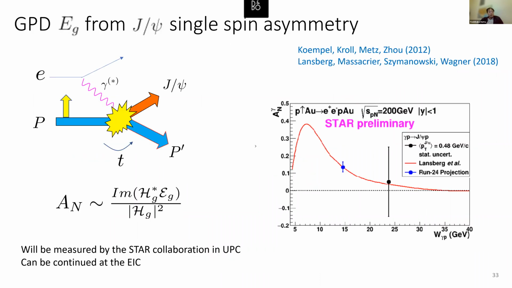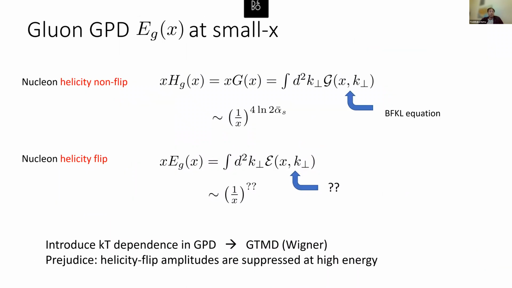Now, one thing one can ask is that if you measure this process, then you can get a handle, or information, about how this E_g of x behaves at small x. But let me ask a more general question. How does the GPD behave if you go to the small x region?